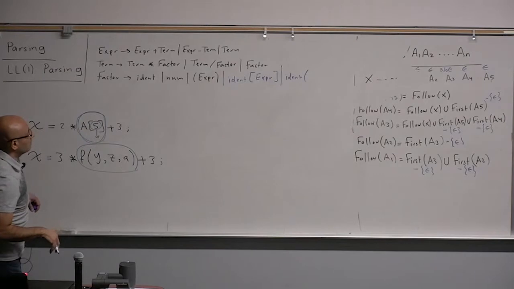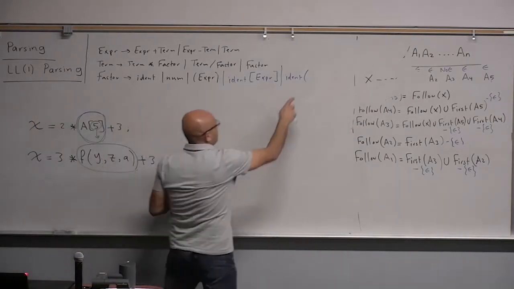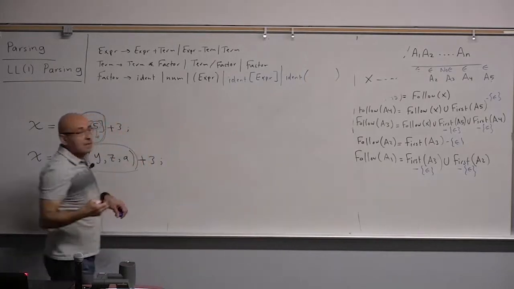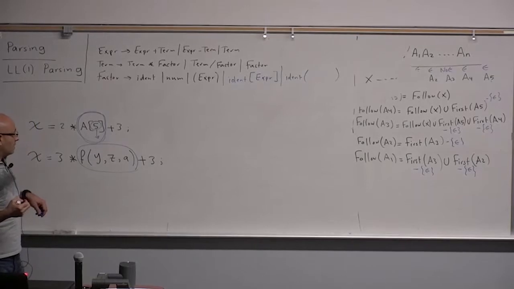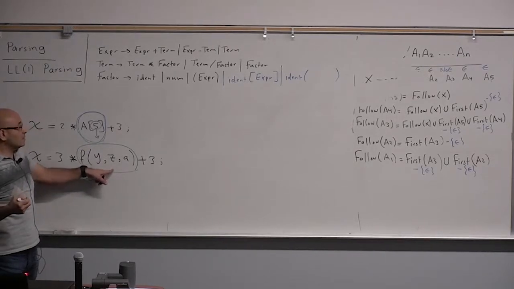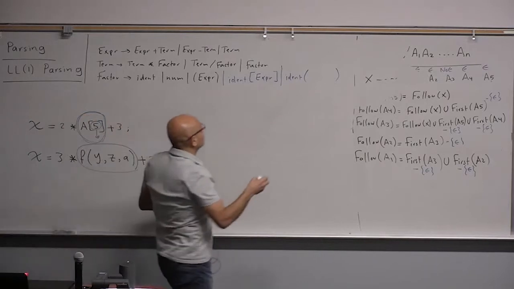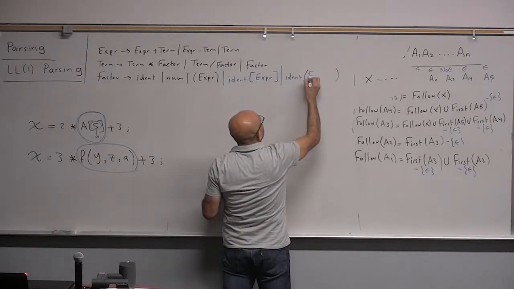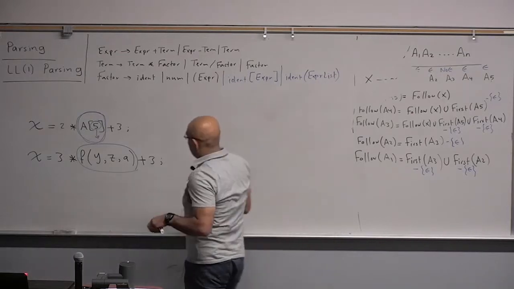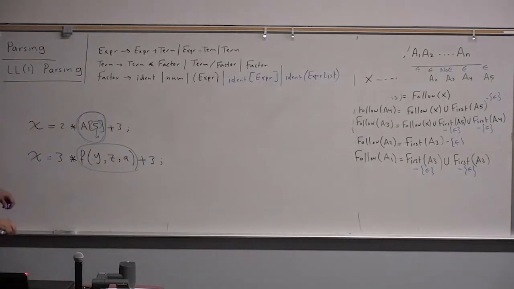Okay? So we can add this by saying, or we can have an identifier with open parentheses, close parentheses, but what do we have inside? Is this an expression? Yeah, expressions with commas. So it's an expression list, a list of expressions with commas.